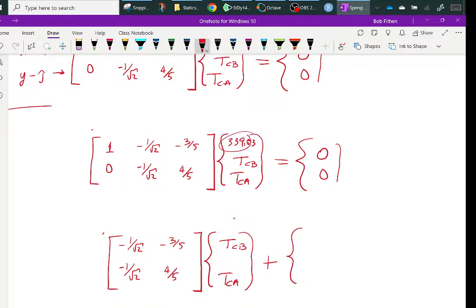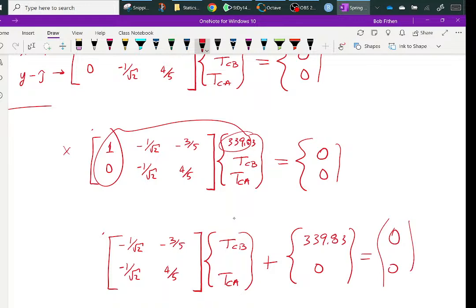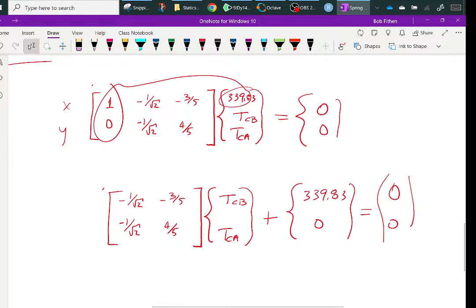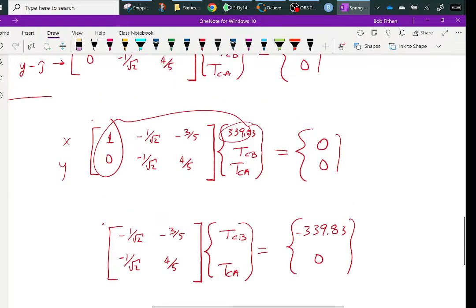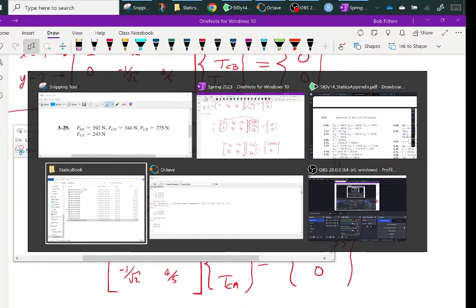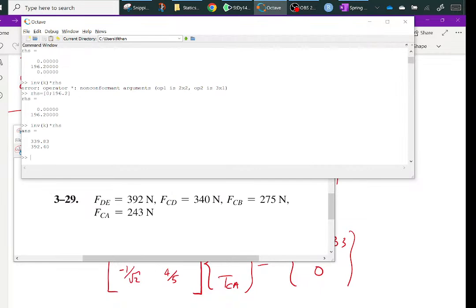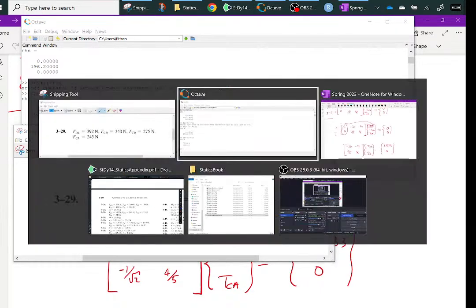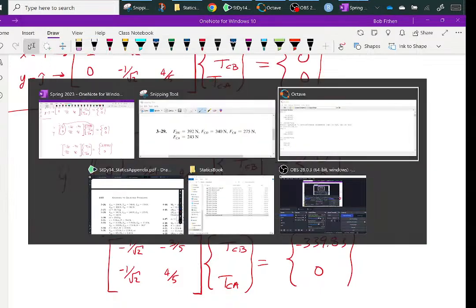That's this times that, which is 339.83. And a 0 equals 0 and 0. Again, this is the x and this is the y. And you move that to the other side and you get A equals minus. And now I can stick those in, see if I get the right answer out of that. Wrong thing. Let's see. I want that. Okay, but now I got to go back to here and then do it.